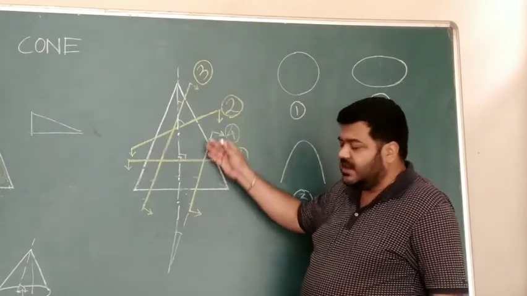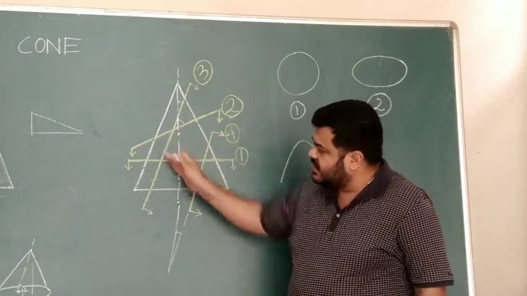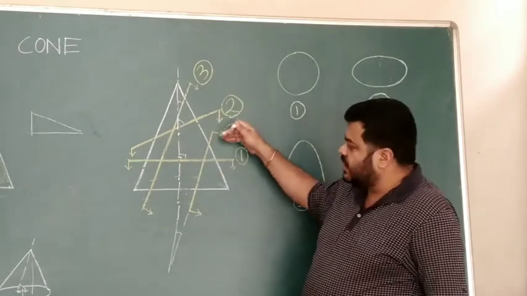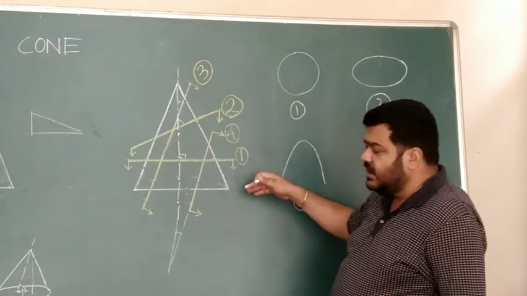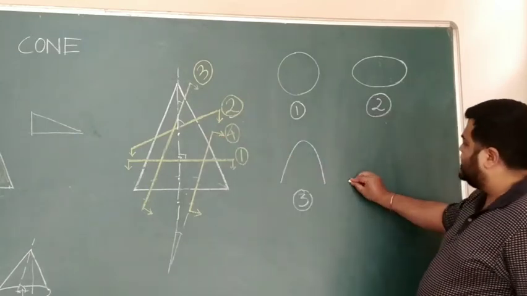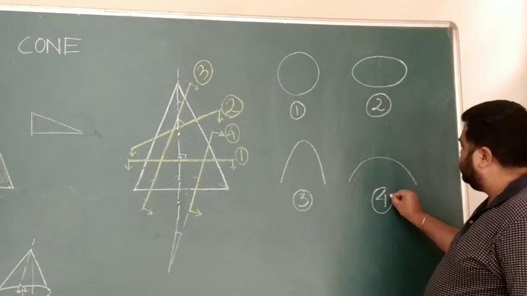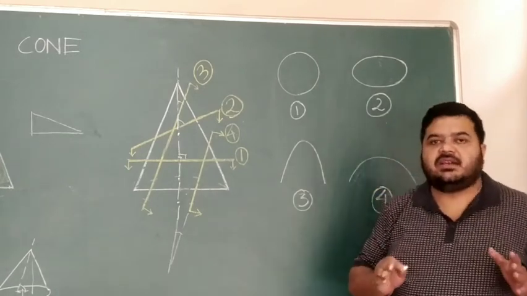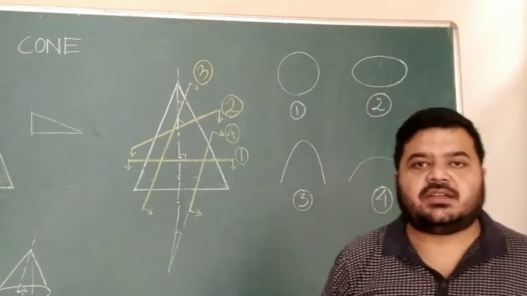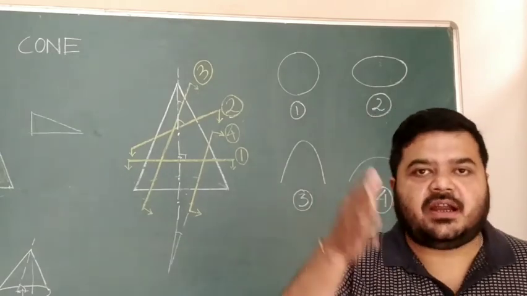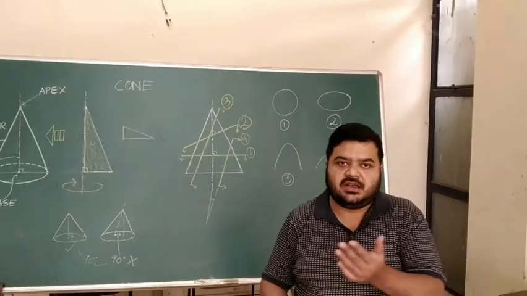This can be on any side. It should cut the cone on one side of the axis. The section so obtained is a hyperbola. That is condition 4. These are the various conditions of conic sections if we cut a cone directly and generate the conic section.